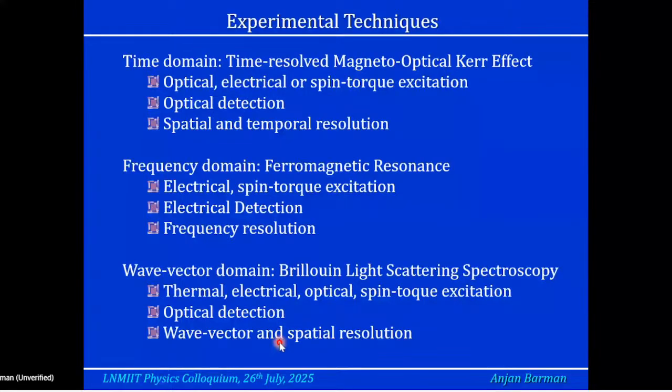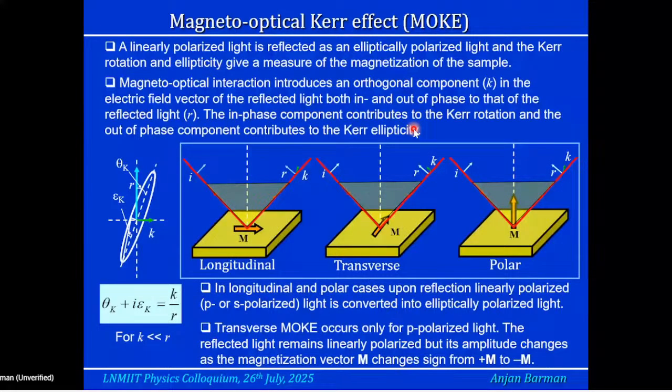So magneto-optical Kerr effect, some of you may have heard about the Faraday effect, or even done an experiment in your classroom. Here, if you shine a polarized laser beam onto a magnetic material, its state of polarization rotates after being transmitted or reflected from the material.